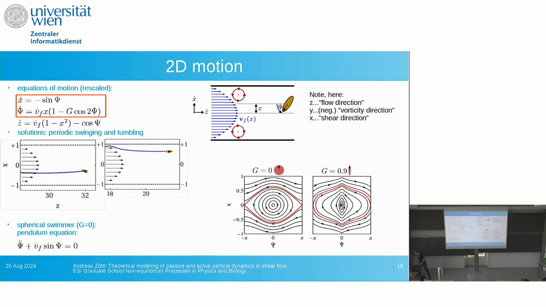Like a pendulum, you get oscillations at a certain frequency, and when you start outside, you have this turning-over solution of your pendulum. These are the tumbling solutions, and these are the basic kinds of solutions in 2D. So a swimmer is doing periodic swinging or tumbling, depending on the initial conditions, the flow geometry and the speed of the swimmer. You can solve this analytically for a sphere, but also for an ellipsoid. And this red curve is just the separatrix between these two different groups of solutions.